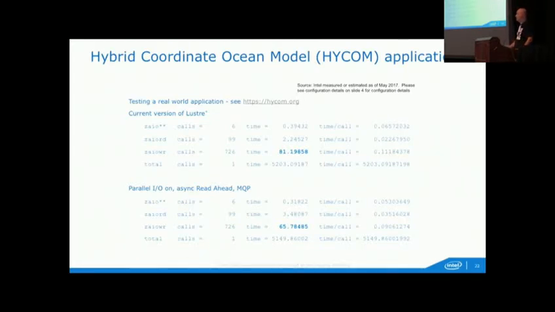But anyway, I observed that the performance numbers, the time spent, for the original run with current Lustre and the patched version is better. So the real-world application benefited from this work.